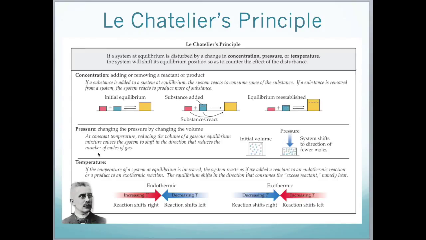If we change the temperature of a system at equilibrium, the system will react as if we added a reactant to an endothermic reaction or a product to an exothermic reaction. If we have an endothermic reaction, if we increase the temperature, the reaction will shift to the right in the forward direction, because the endothermic nature means that the overall temperature will decrease.